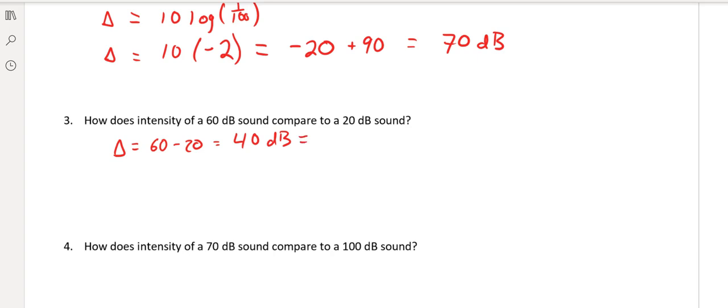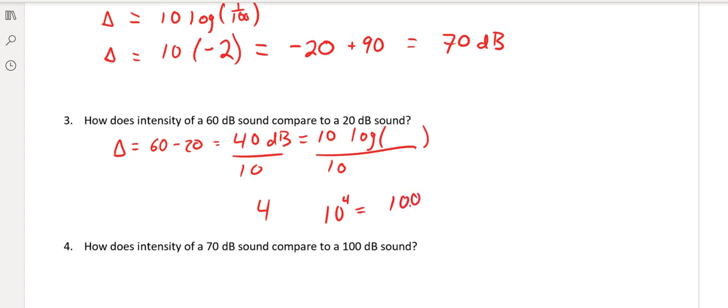And that is equal to 10 times the log of that ratio. Well, we divide both sides by 10, and we're going to get 4. Now, how do we undo the log? That is simply, it means 10 to the 4th power. And 10 to the 4th power is simply 10,000. It's 10,000 times greater.